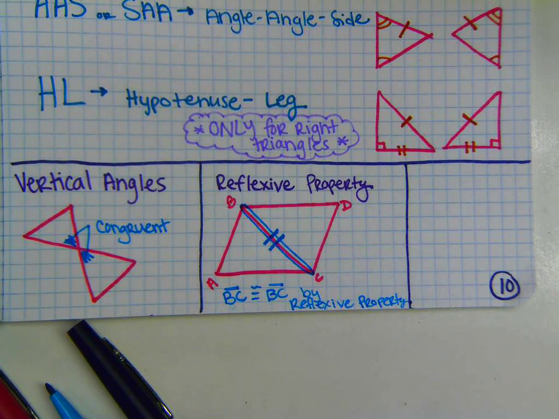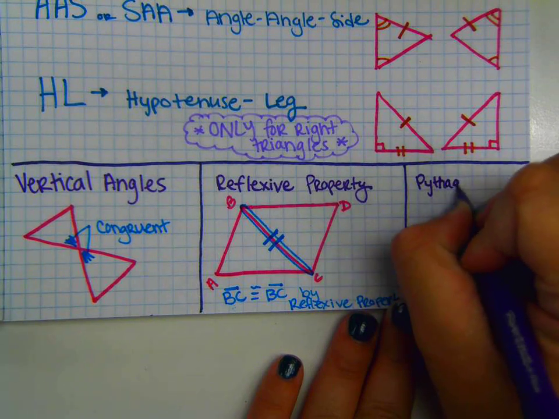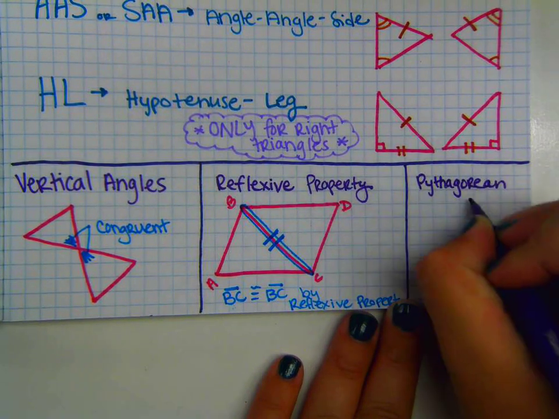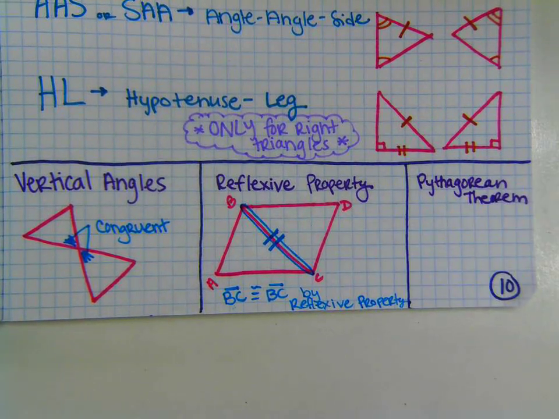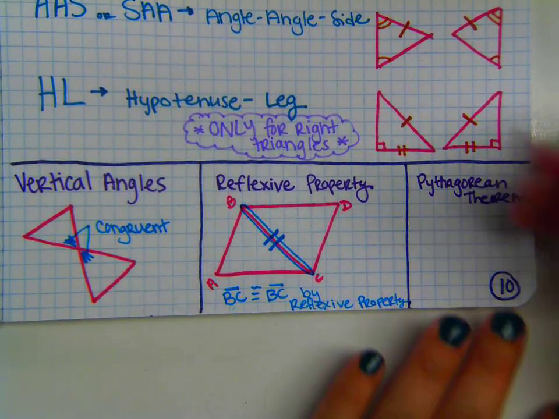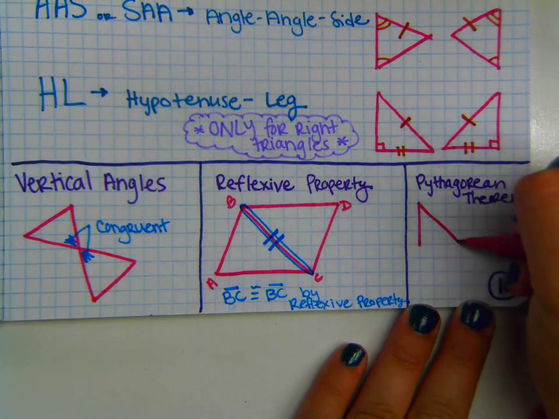And then the very last thing we're going to talk about is Pythagorean theorem, which should be a review. But Pythagorean theorem helps you find side lengths of a right triangle. It must be a right triangle, so I'm going to draw a little right triangle right here.